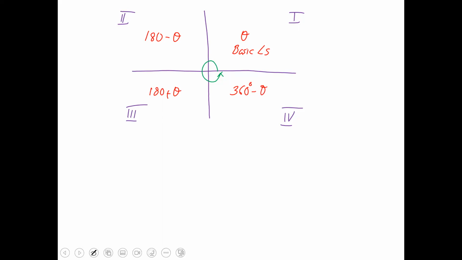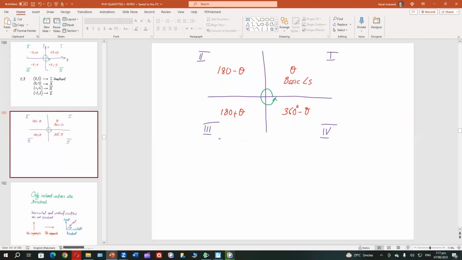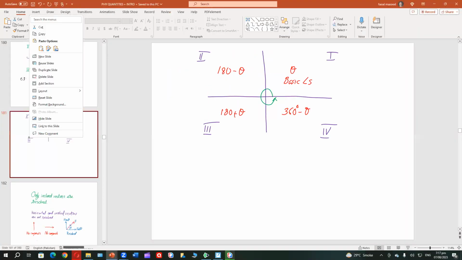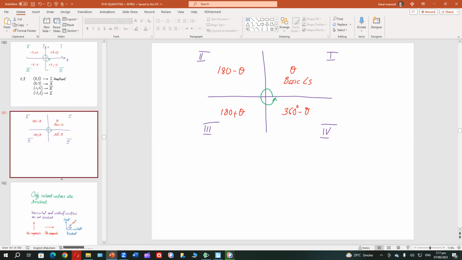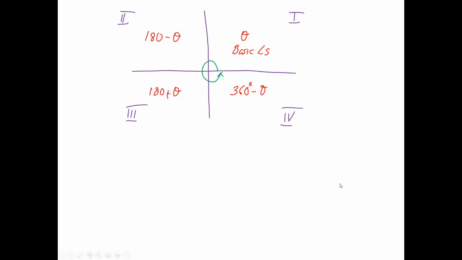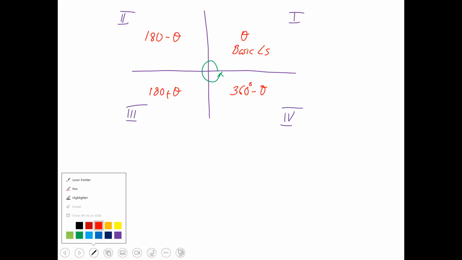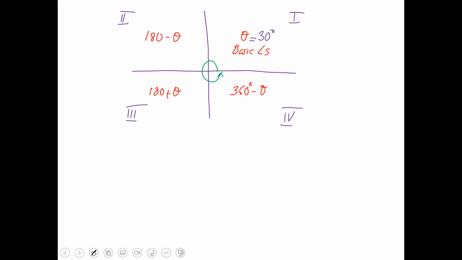It is actually a concept of switching the angle. Now, for example, theta is equal to 30 degrees.